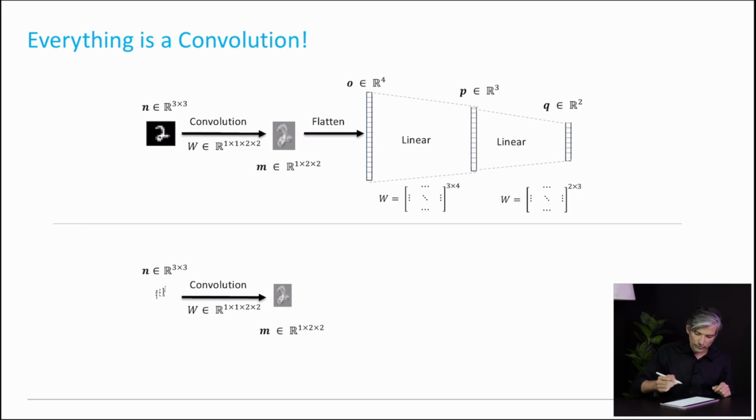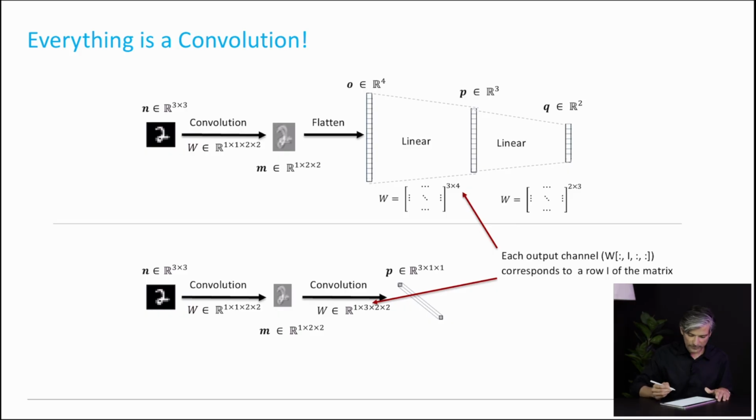Now let's see what happens. Suppose we were to do this using convolution layers. Suppose we want to implement this fully connected layer. Here we have a fully connected layer, here we have our weight matrix, and here we have our weight matrix. Remember, here we have 4, here we have 3, and here we have 2. Now let's see how we can do this using a convolution operation. We had our first convolution.